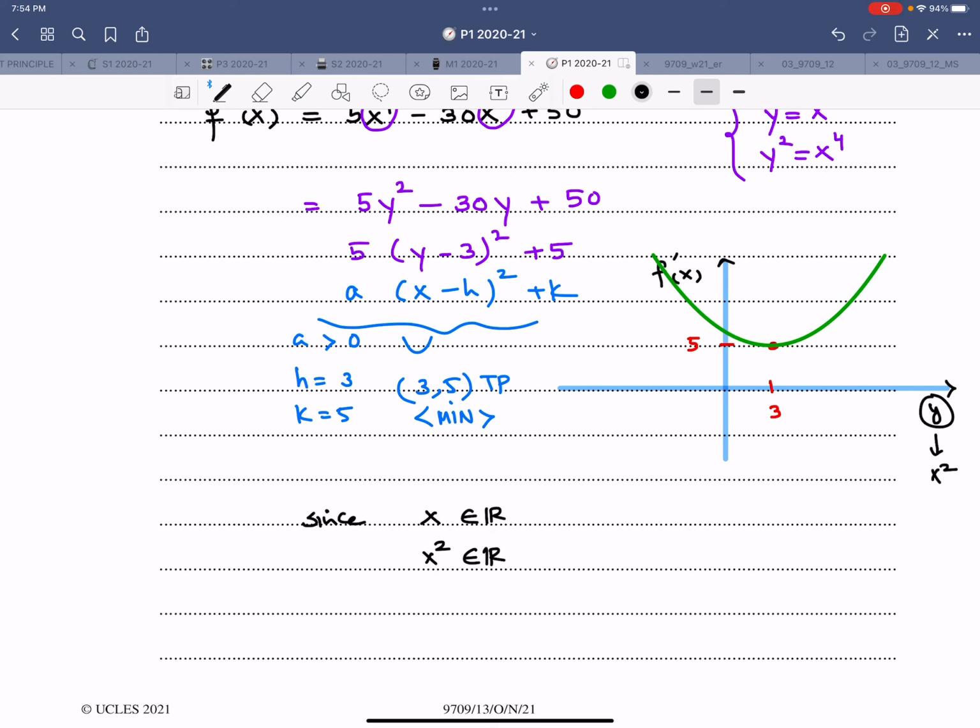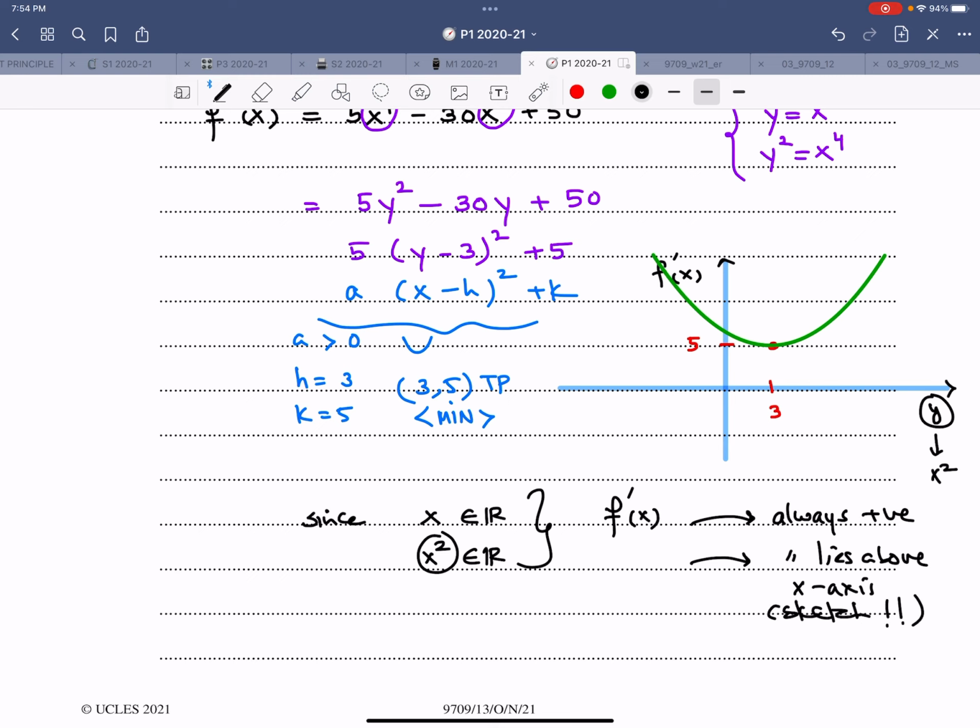Therefore, the f prime x is always positive. Why? Because it always lies above the x-axis, as we can see from the sketch. The sketch says it all. So therefore, since f prime x is always positive, the function is always an increasing function of x.